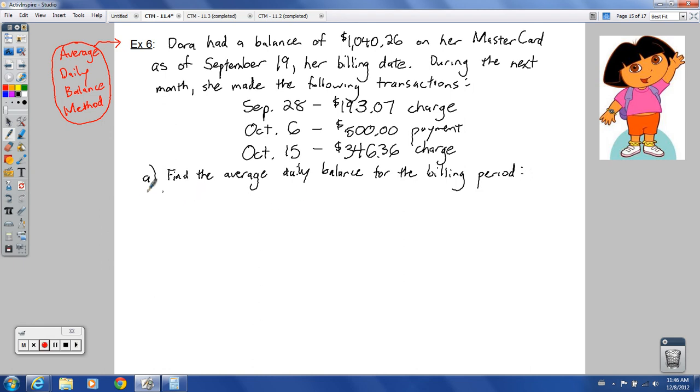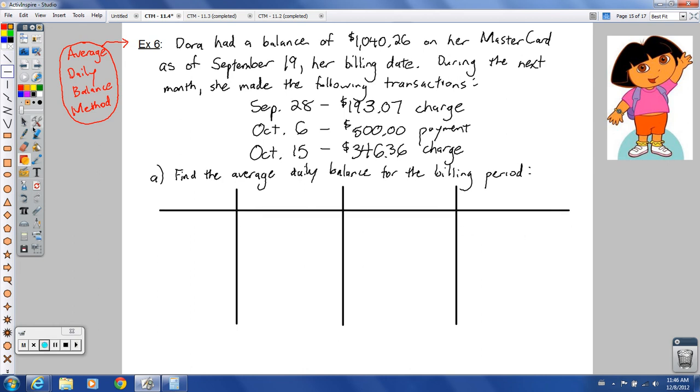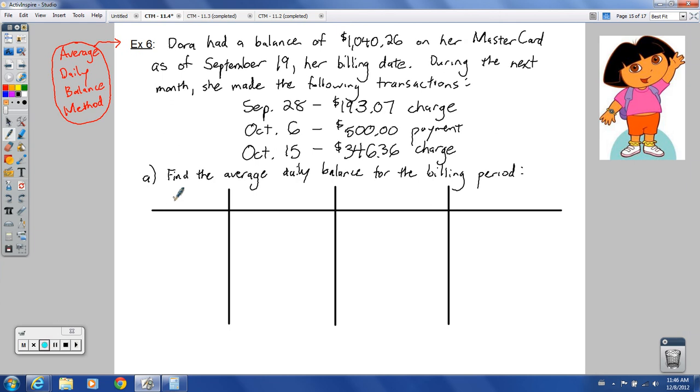So let's make a little table here. This will be helpful. I'm going to have the date here. The balance due will be here. The number of days in between the charges or payments will be here. And then the balance times the days will be over here. Let's give these all a heading. So this will be the date.